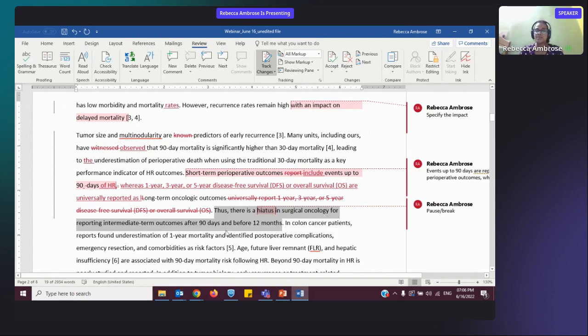outcomes that are events that happen after 90 days and within 1 year, before 1 year, there's a gap, there's just not much data about that.